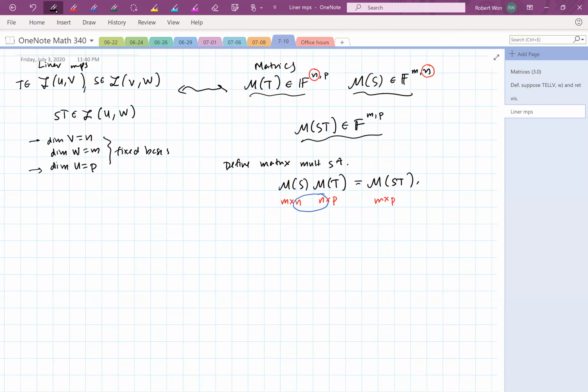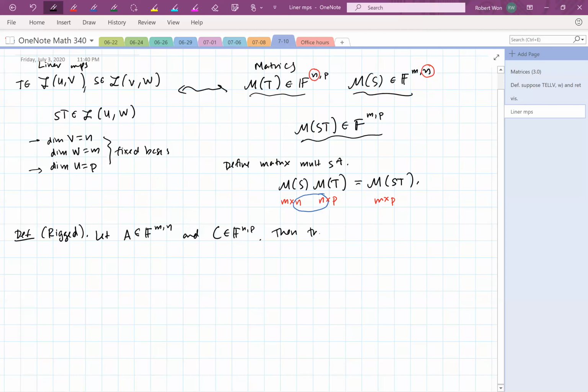So here's this rigged definition. Let A be an m by n matrix and C be an n by p matrix.